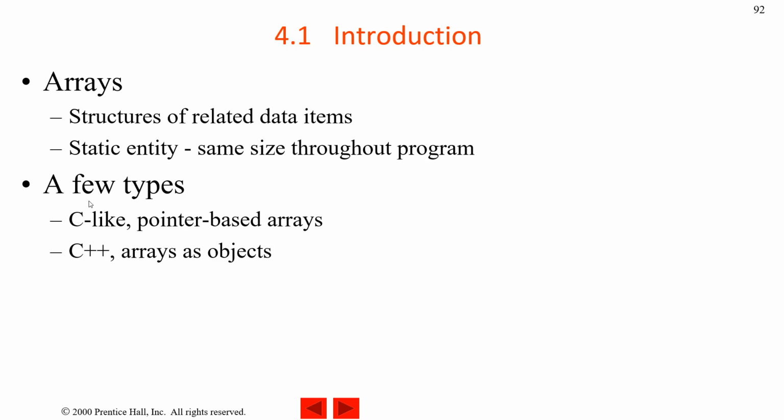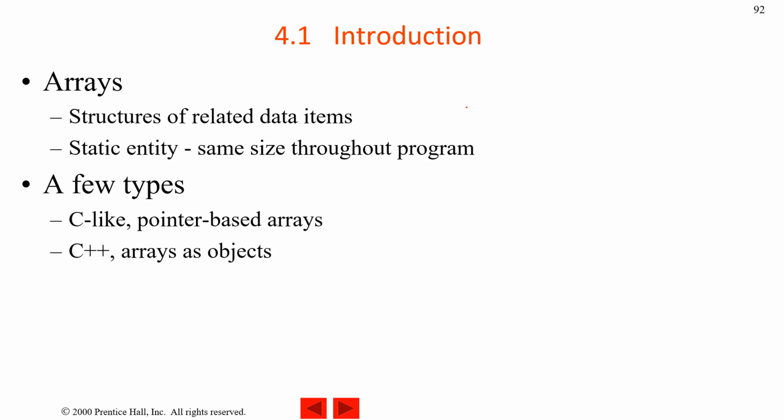The second thing is that arrays are a static entity. This means that once I define an array, the size of it is going to remain constant. So if I want to define the students of CS 101 section B, which is our class, and I define the number of students to be 66, then that size has to remain constant.